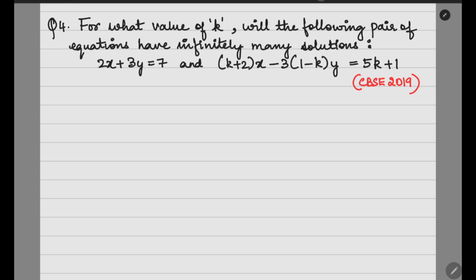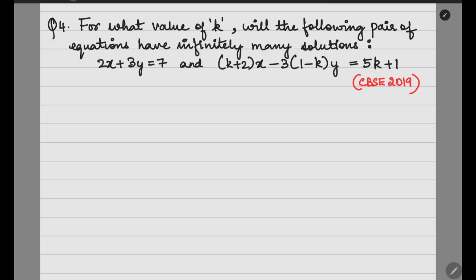Okay, so the question is, for what value of k will the following pair of equations have infinitely many solutions? So you need to know what the formula is when you are given a pair of linear equations and also given that they have infinitely many solutions.